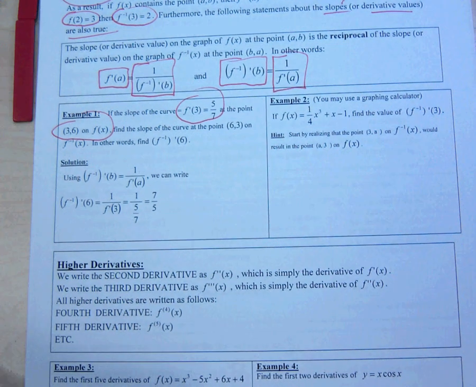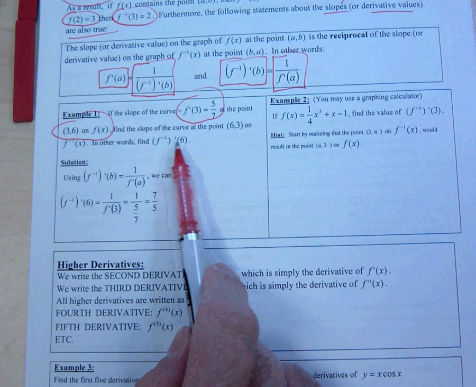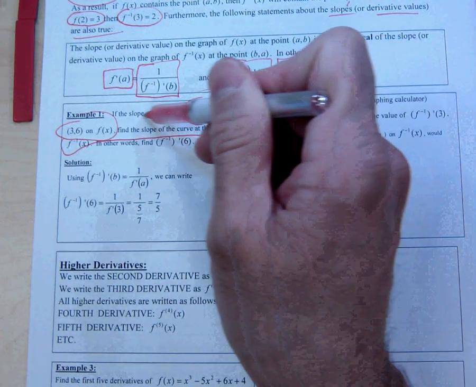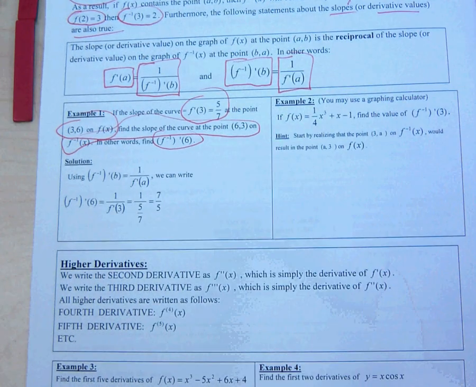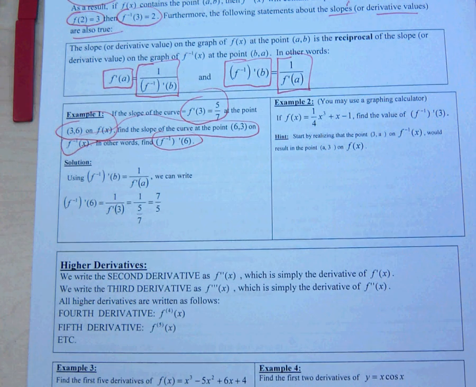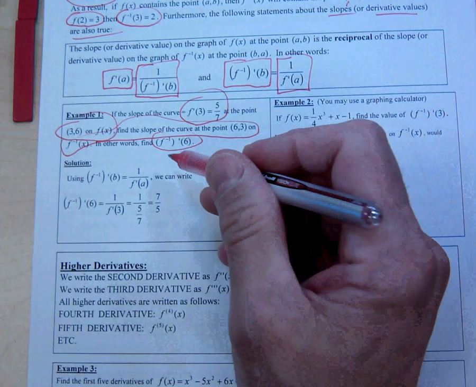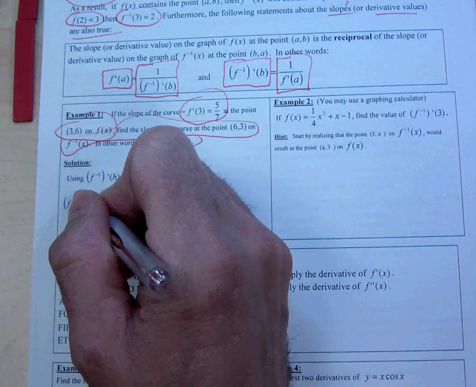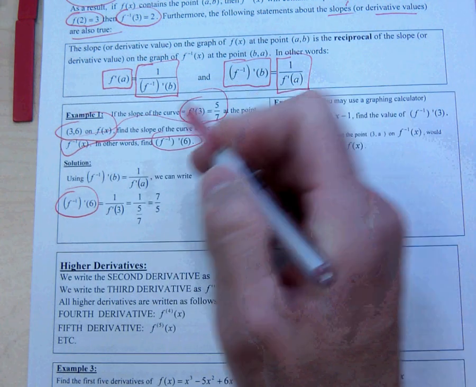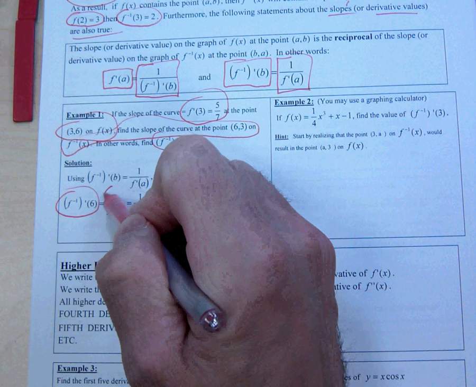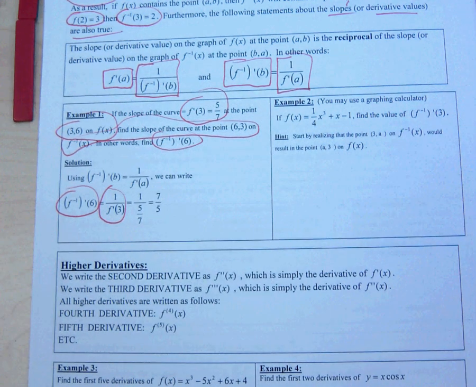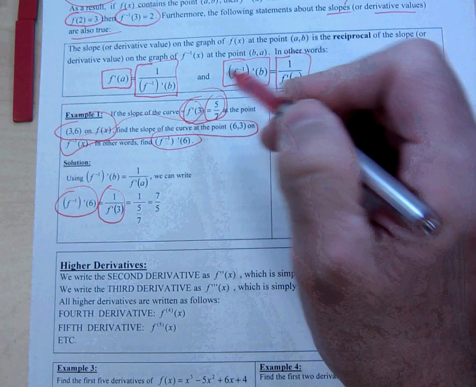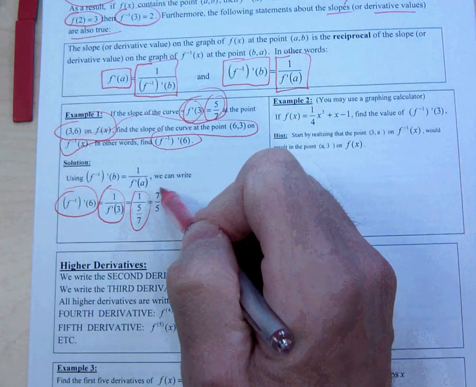In other words, you want to find f inverse prime of 6, right? Well, if you think about it, to find f inverse prime of 6, wouldn't you take the reciprocal, in other words 1 over f prime of 3? And so if that's 5/7, you take 1 over 5/7, which gives you 7/5.